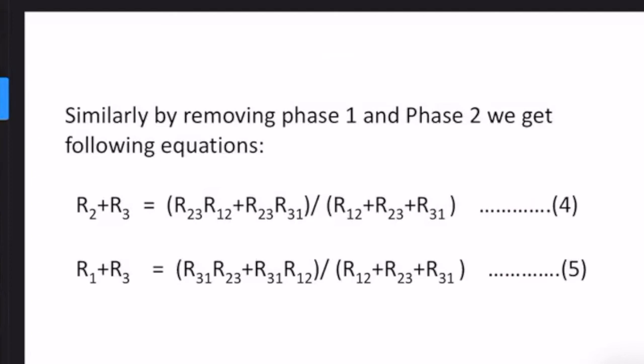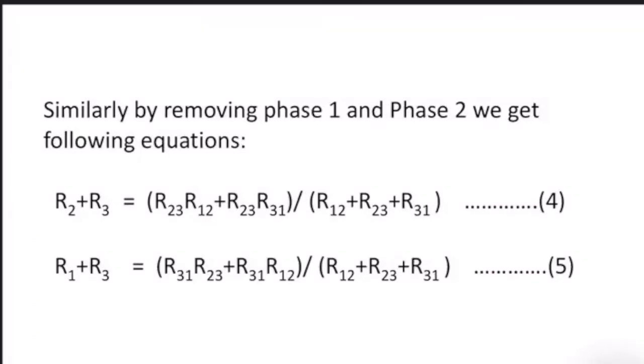Now what are we supposed to do? We have done all the calculation for phase 3. After removing phase 3, we can write similarly, by removing phase 1 and phase 2, the following equations. For phase 1 and phase 2, we need not show all steps. We can write directly that similarly we can get these equations. The same concept we are going to use over here, so that we can easily remember it and will not get confused.